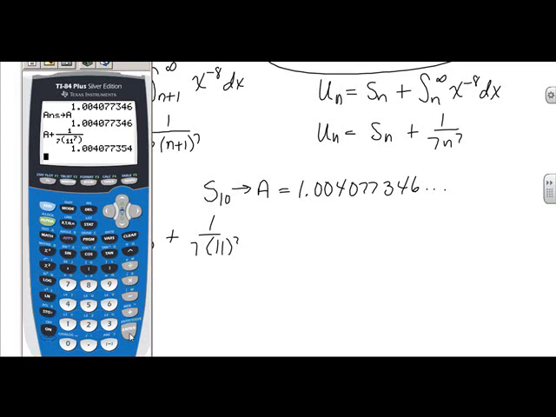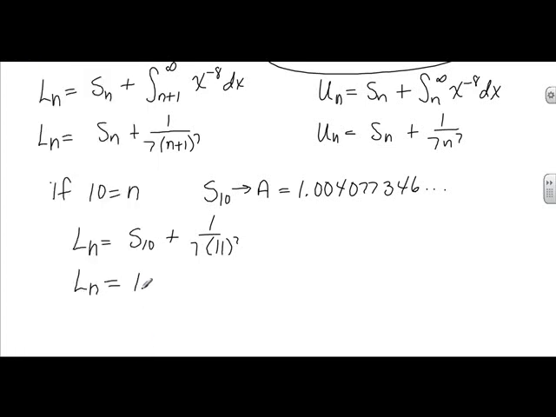Then the upper limit, and we're doing this at n equal 10, so this ought to be L of 10 and U of 10. That's going to be S of 10 plus 1 over 7 times 10 to the 7th power. So U of 10, I might store that as C when I get a value.